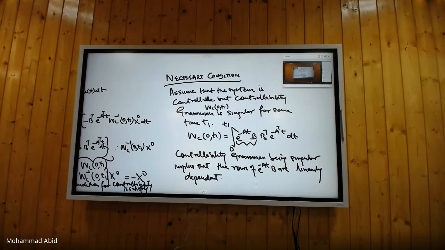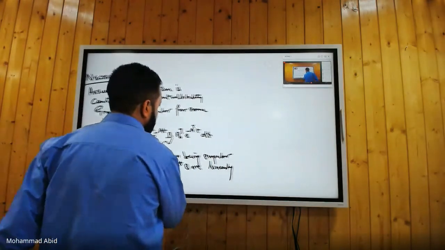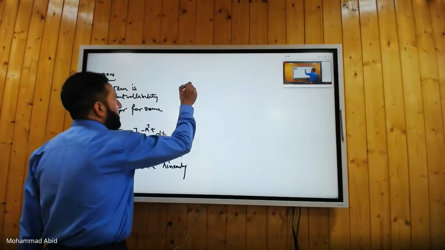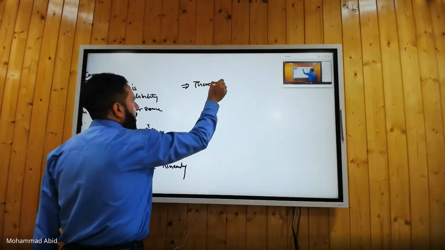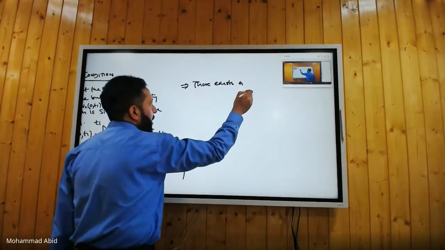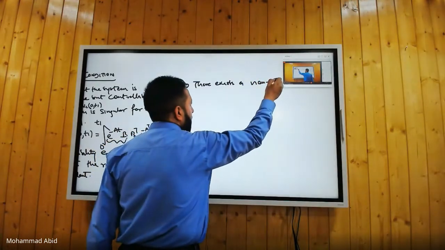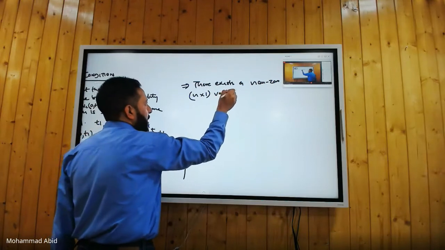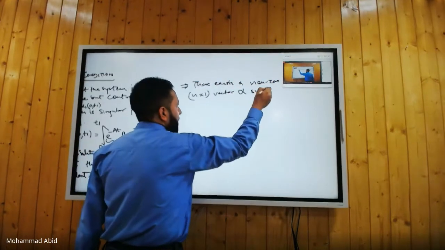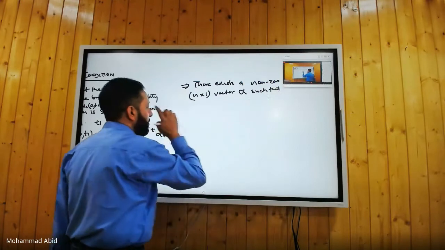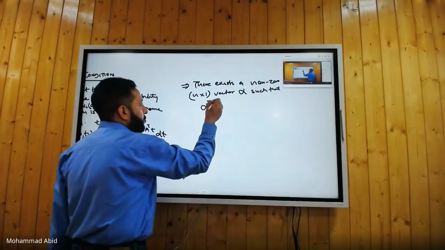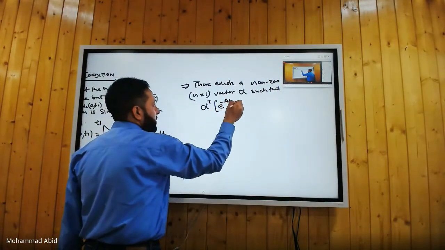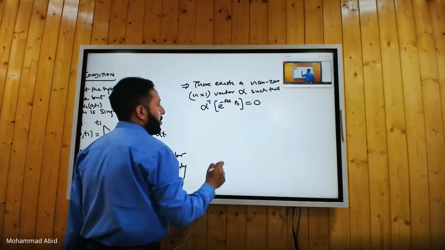That implies that there exists a non-zero n cross 1 vector alpha such that alpha transpose e to the power minus At B equal to 0.